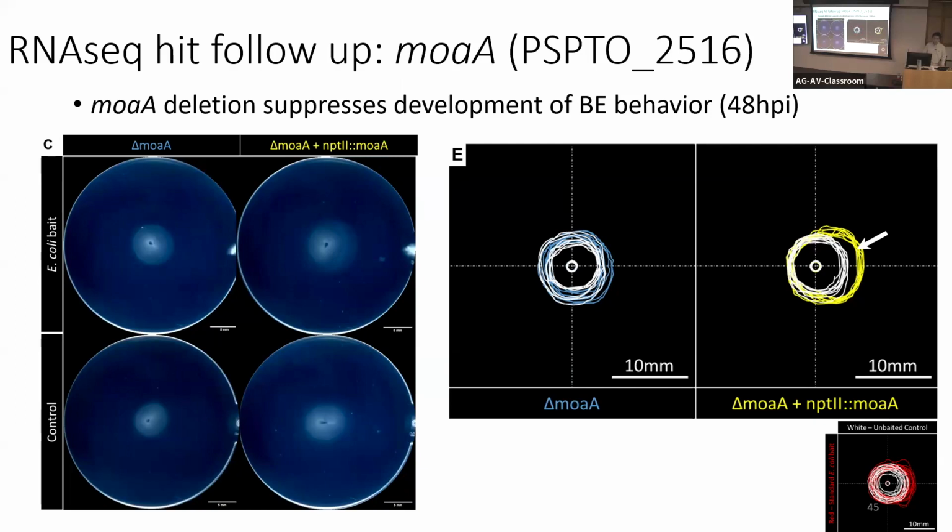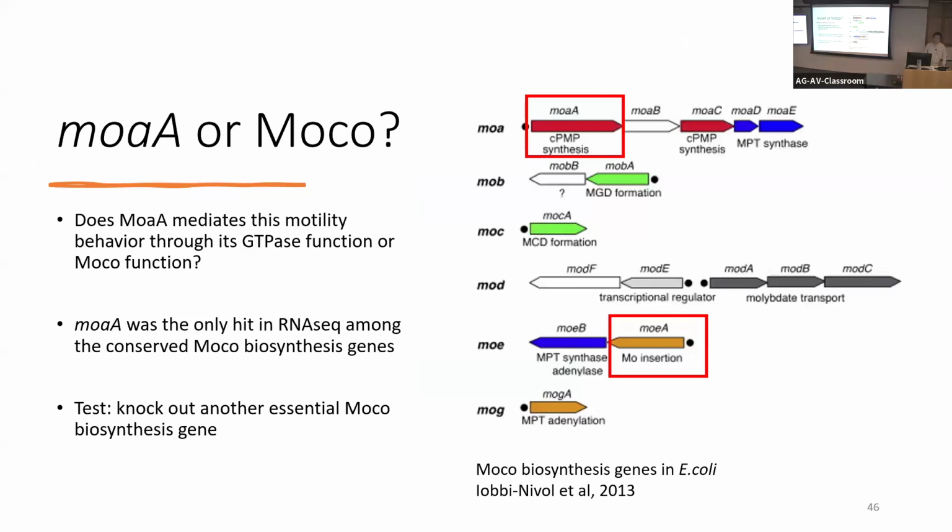So great, MOA is our guy. But is it the GTPase part or is it the MoCo part? Because GTPase interacts with GTP, that also can potentially interact with cyclic di-GMP. So we're really curious which approach it took to actually influence motility and, in this case, our behavior.